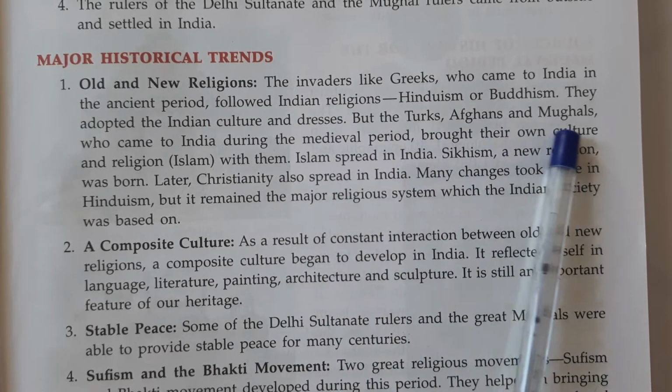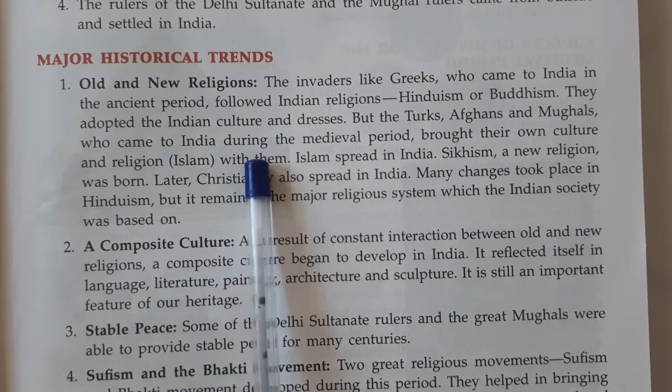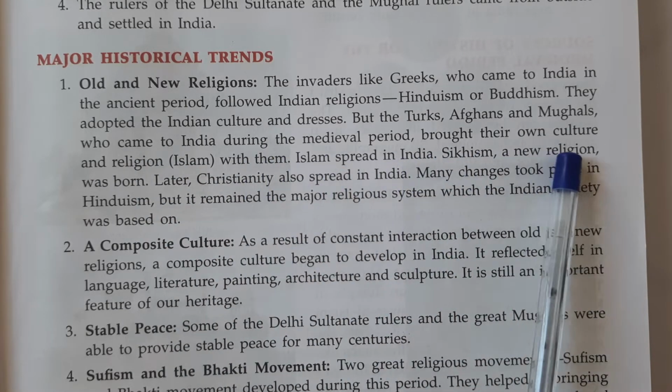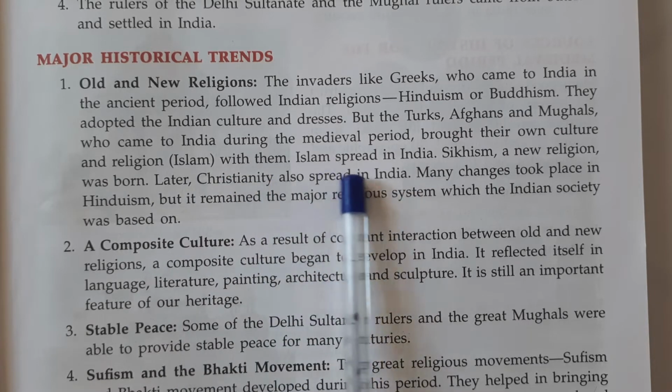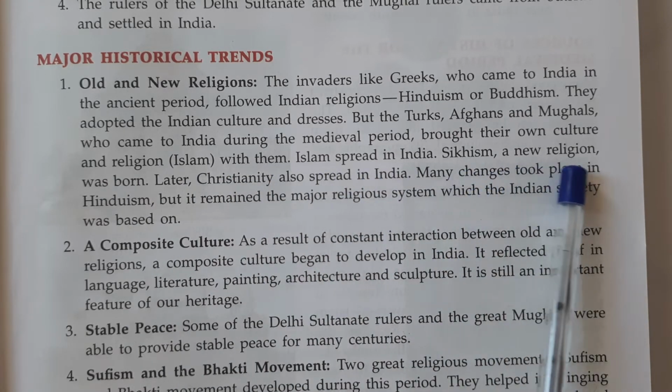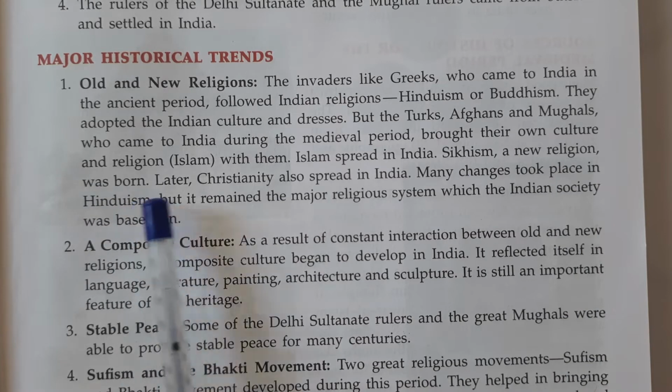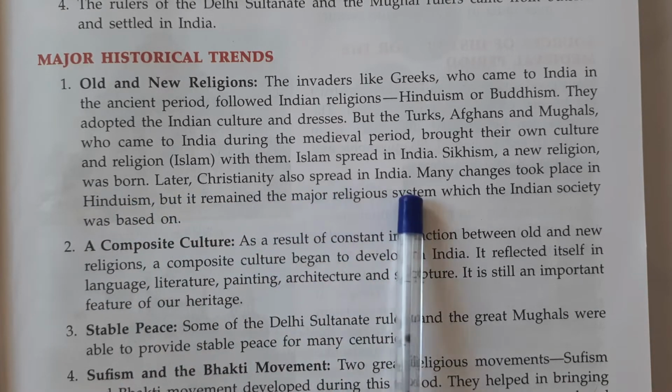But the Turks, Afghans, and Mughals who came to India during the medieval period brought their own culture and religion, Islam, with them. Islam spread in India, Sikhism, a new religion, was born. Later, Christianity also spread in India.